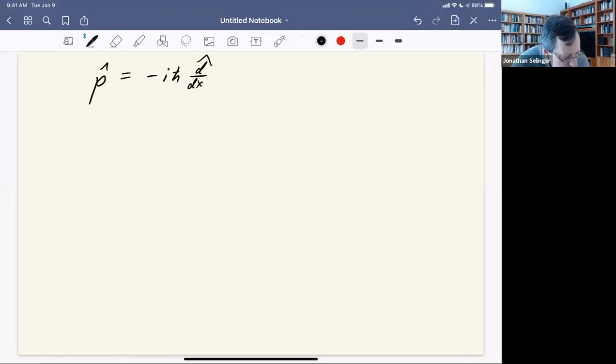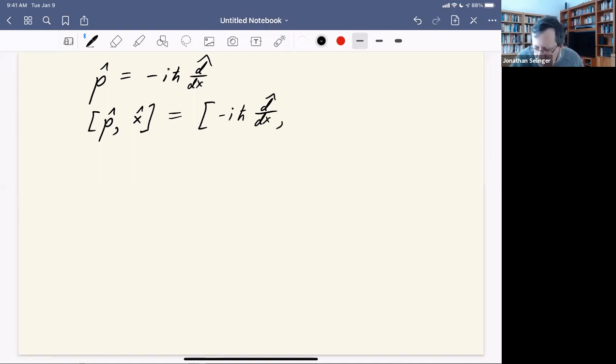So that means we can say the commutator of momentum and position is the commutator of negative i h bar d by dx with the x operator.